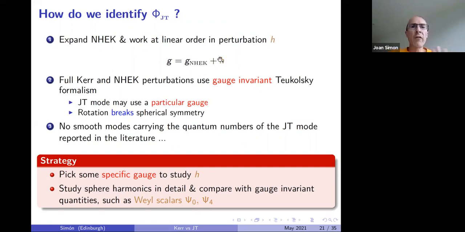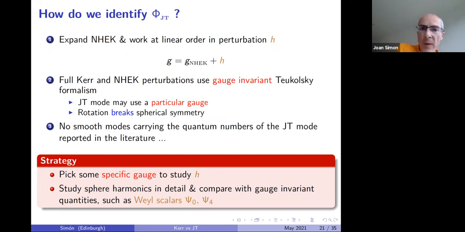And so it was natural for us to say, well, before starting with the full battle in full Kerr, which is asymptotically flat, let's try to understand fluctuations, linear perturbations in NHEK.